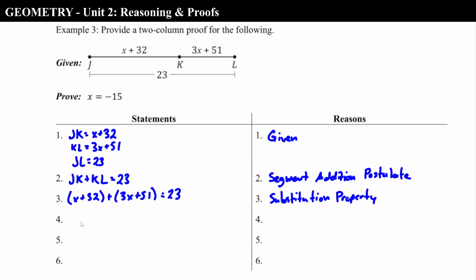Now we're going to combine like terms. Now we're going to combine everything that's on this left-hand side at the same time because we're going to use substitution twice, but since we're doing it all in the same step, then it's fine. Okay, so we're going to do 4x plus 83 equals 23. And here we substituted.